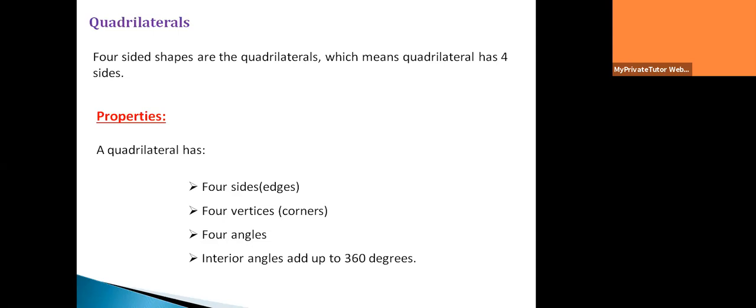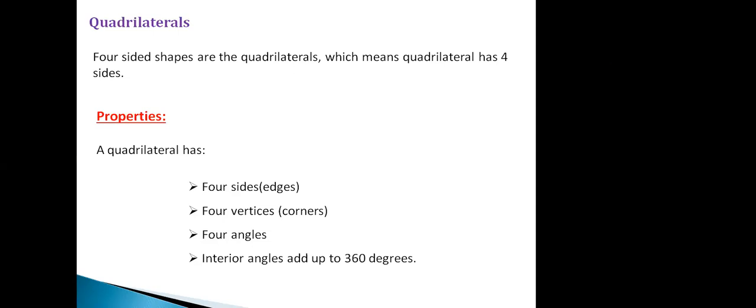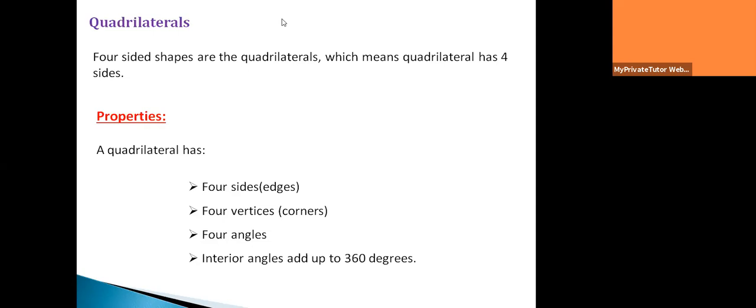We just learned that the sum of interior angles of a quadrilateral is 360, and the same for exterior angles. Each angle differs based on the length of a side, or we can say the slant of a side.